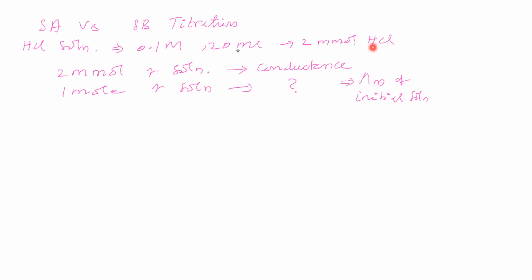These 2 millimoles of solution have some conductance, which we can get from the conductivity cell. Now we have to find the conductance for 1 mole of solution. From that we get lambda m of the initial solution, the molar conductivity of the HCl solution. That is the meaning.